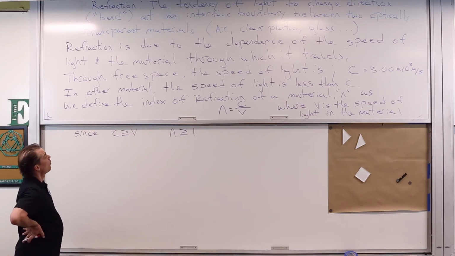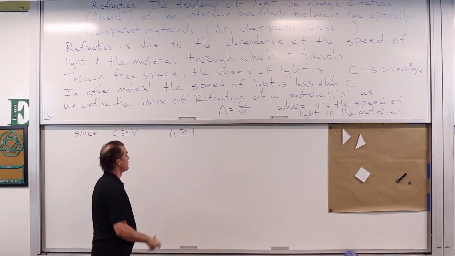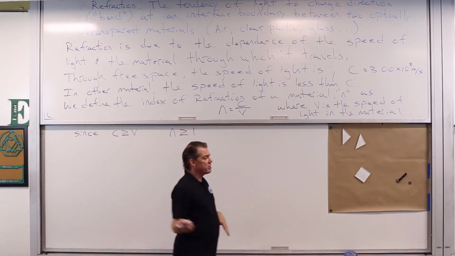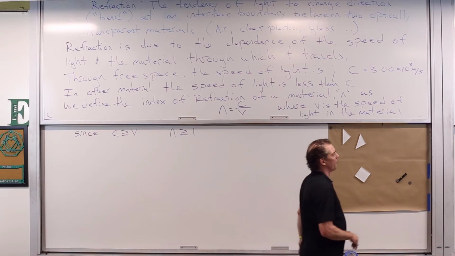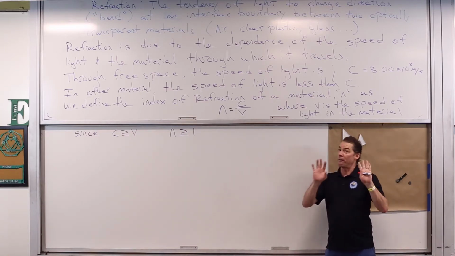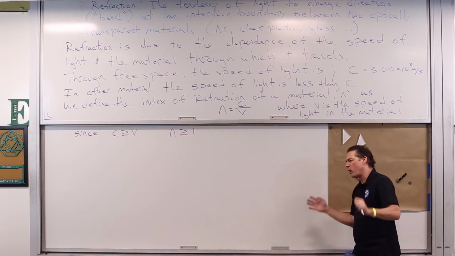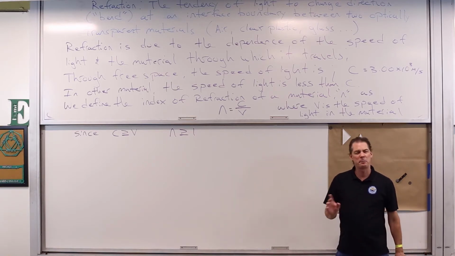All right, so what do we do with this? Well, we appreciate, number one, that we get numbers that are relatively small. Generally, the indices of refraction, for visible light, I should say, range from like 1 to maybe 3, 3.5.